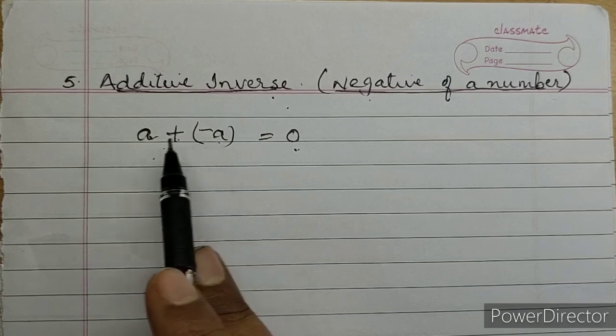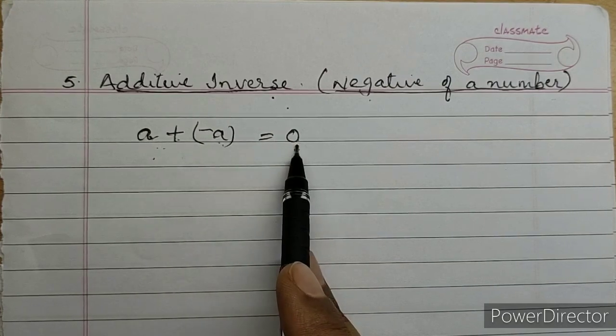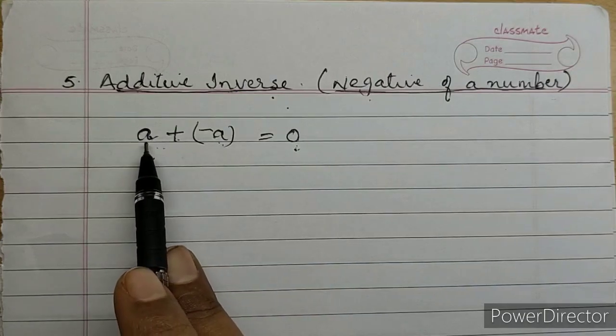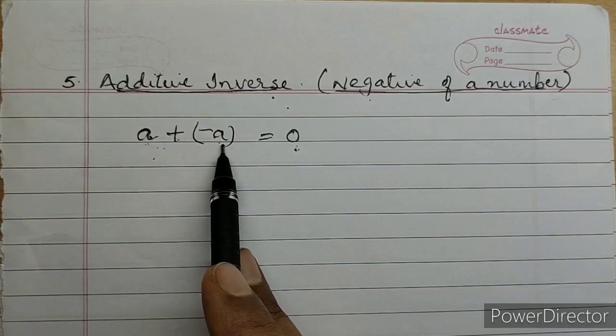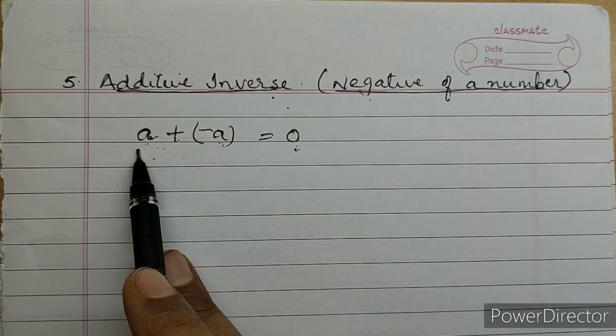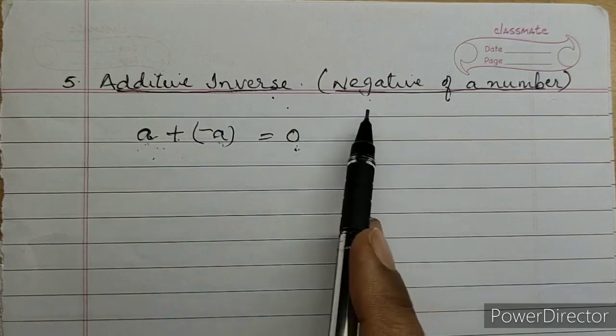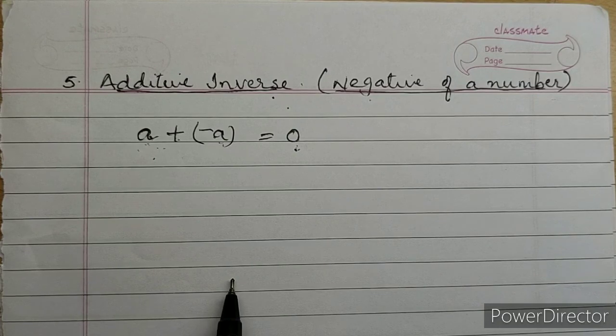So if you add two numbers and get the identity element for addition, then A is called the additive inverse of minus A, and minus A is called the additive inverse of A, or you can call it the negative of a number.